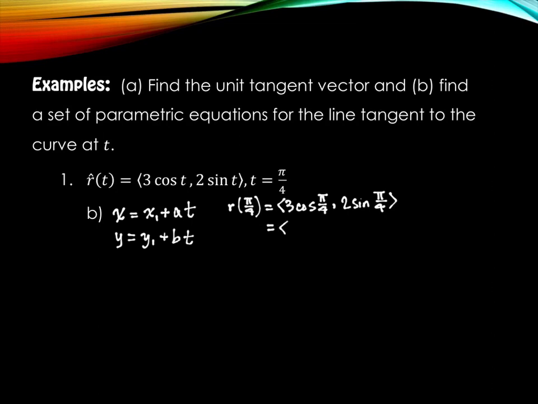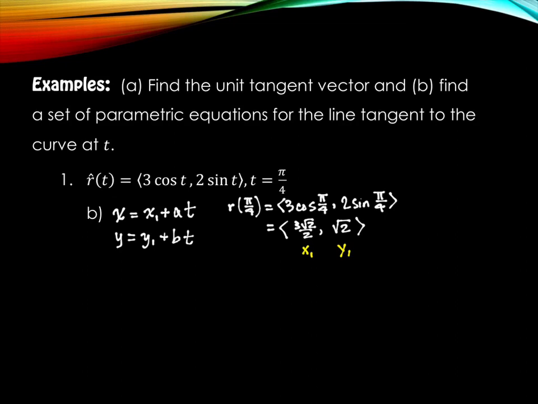So we actually have 3 square root 2 over 2, and we just have square root 2 here. This one is x1, and this one is y1. That's the point. This is a position vector, so that's the point at pi over 4.